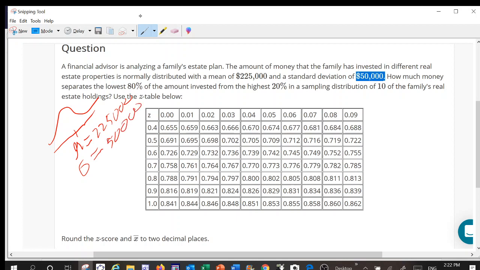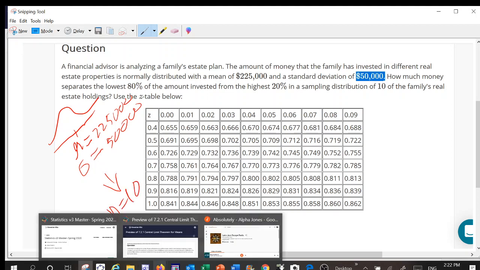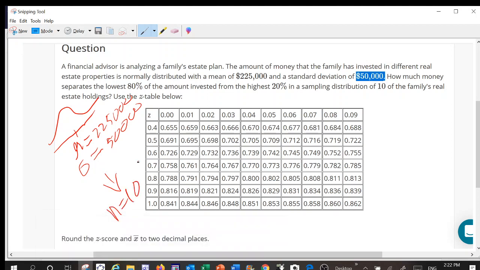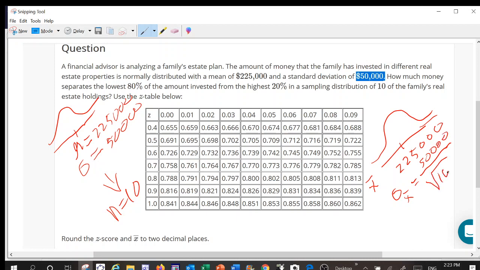Now we take samples of size n, which is 10, and now we have a distribution of x bars with n equal to 10. So this distribution would have the same mean and would have a standard deviation which is 50,000 divided by square root of 10.